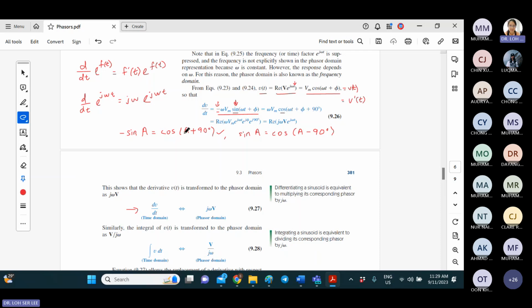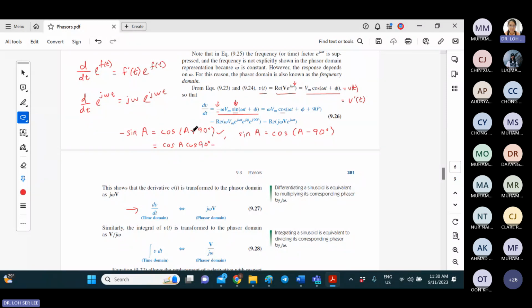If I expand the cos A plus 90, that means cos A cos B minus sine A sine B. This one you have to know, the identity. So when we expand, this is cos A cos B, where B is 90 degree. When this is a plus, you will get a minus for cos.